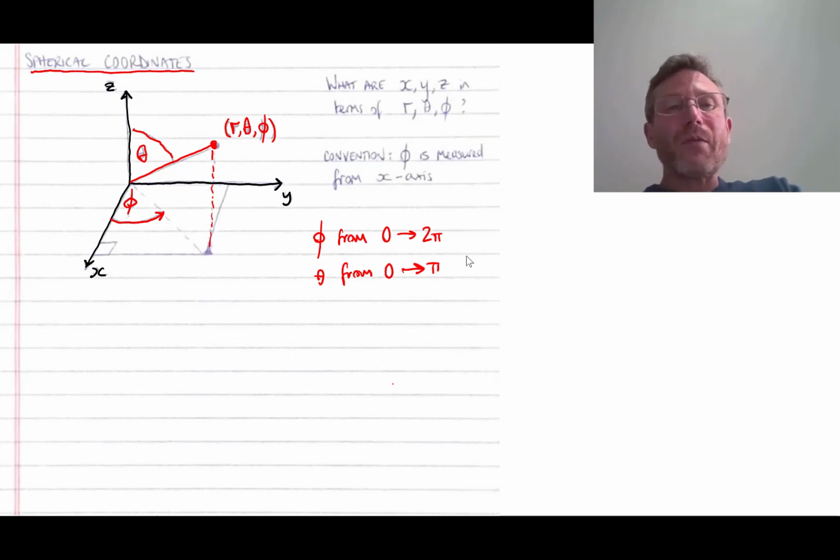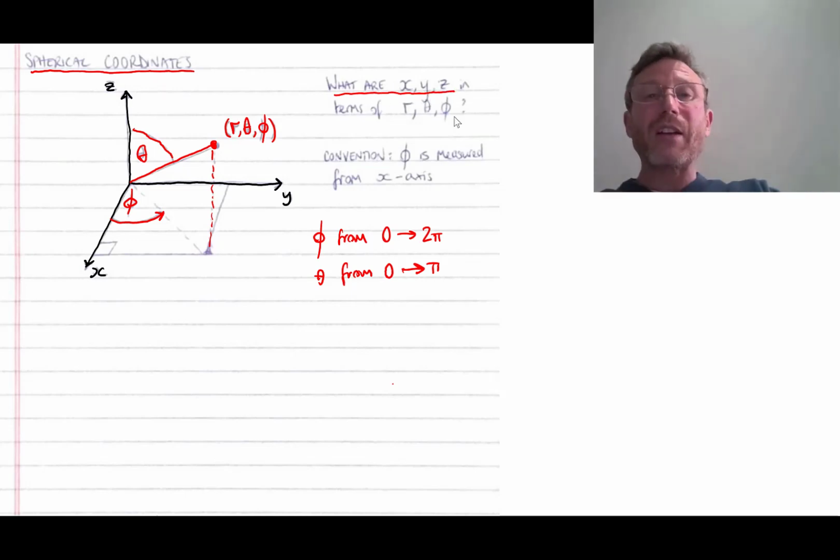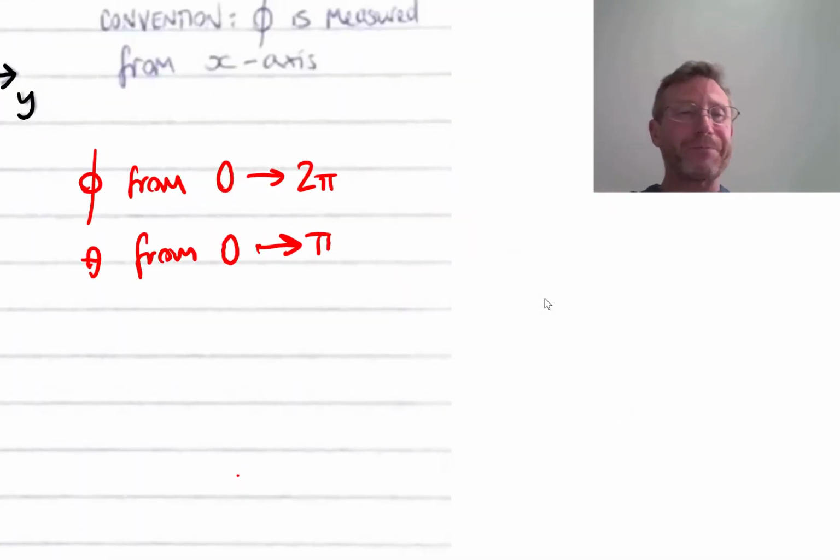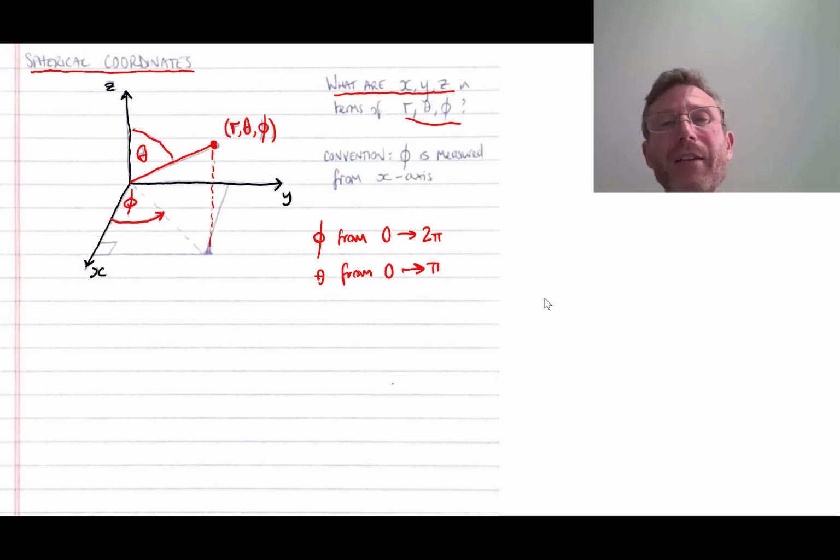So the question we're going to address in this piece is, let's think about our conversion. We're used to working in x, y, and z, but what are x, y, and z in terms of these coordinates r, theta, and phi? As I mentioned earlier, the convention is that phi here is measured from the x-axis. So what we first need to recognize is that we have this projection.